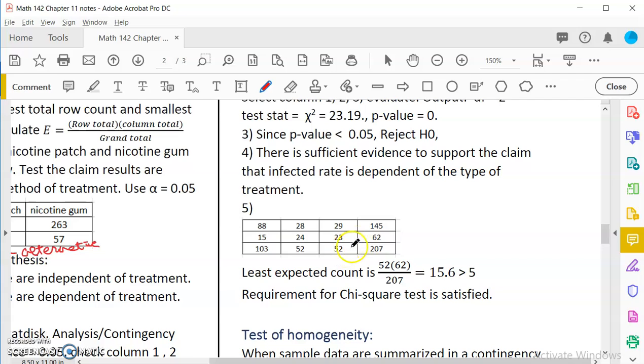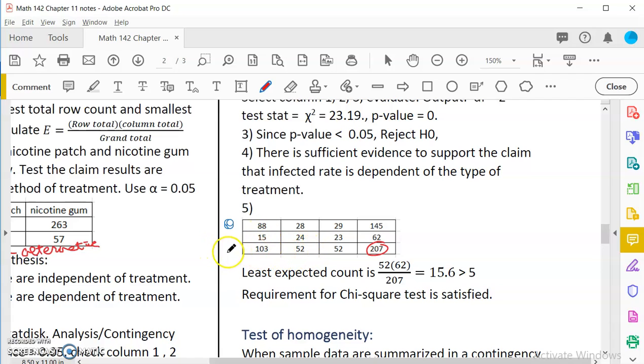So let's check the expected count because the chi-square test is a very strict test. You have to make sure that all the inputs are actually normal. So let's see. I think this is the grand total. Which row has the lowest?